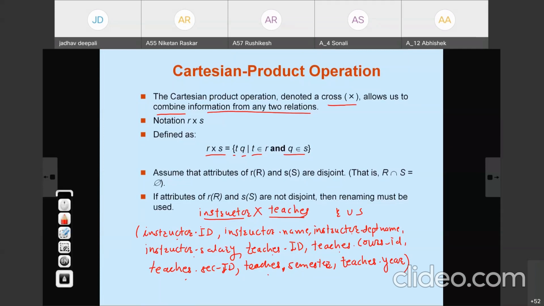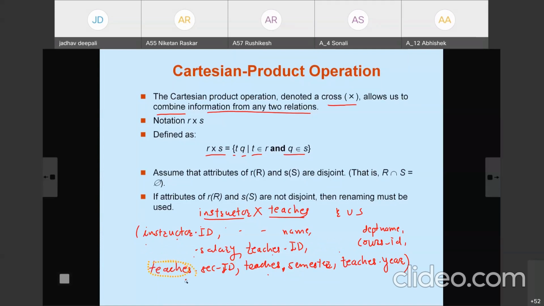Name appears only in the instructor, department name appears only in the instructor, salary appears only in the instructor. Course ID, section ID, semester and year appear only in teaches.